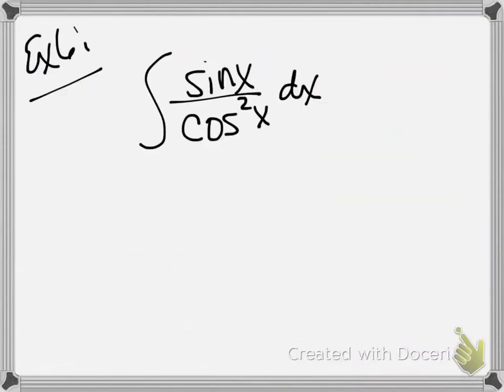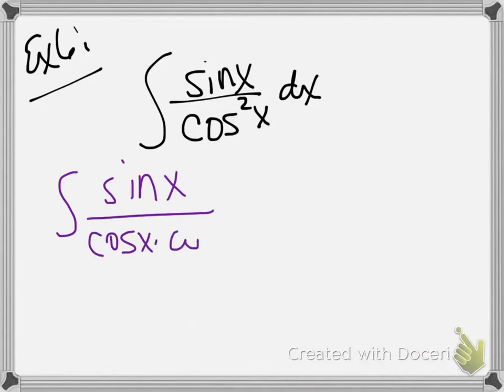All right, and then I had example 6, which has trigonometry in it, and also you have to really rewrite this. So first of all, to rewrite it, I'm going to write sine x over cosine squared x as sine x over cosine x times 1 over cosine x, dx.